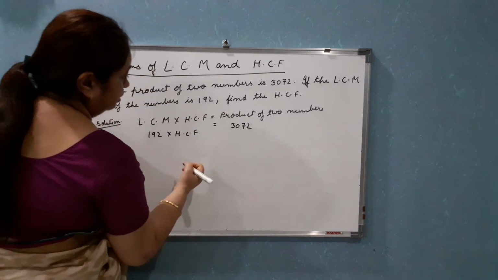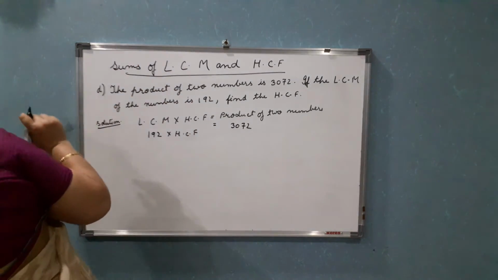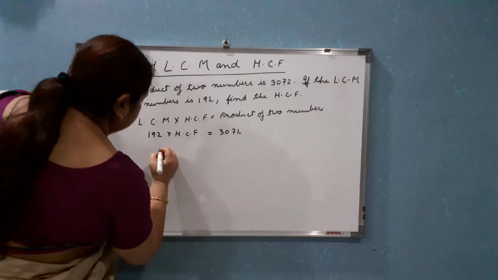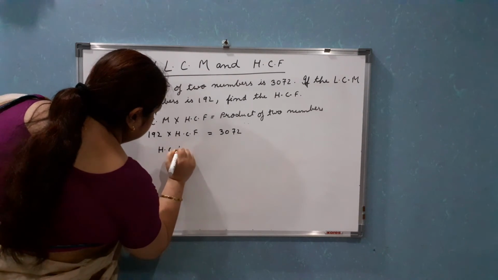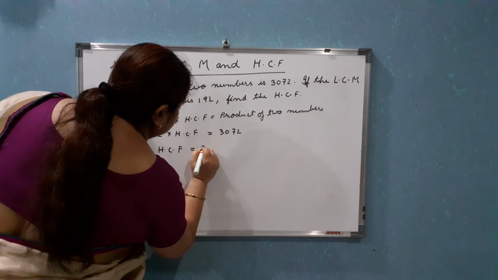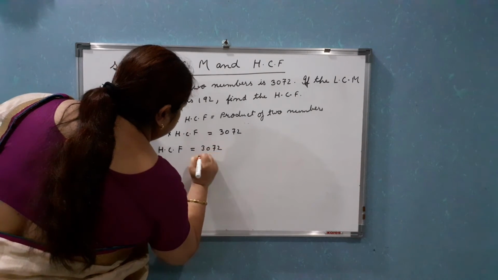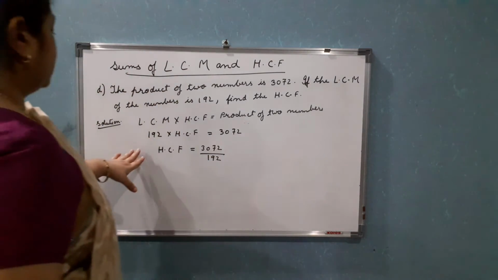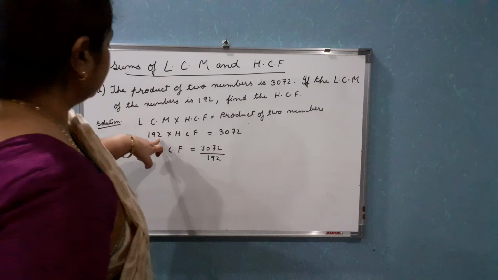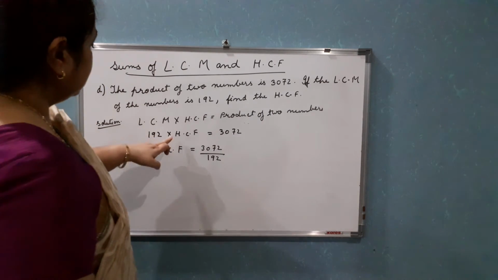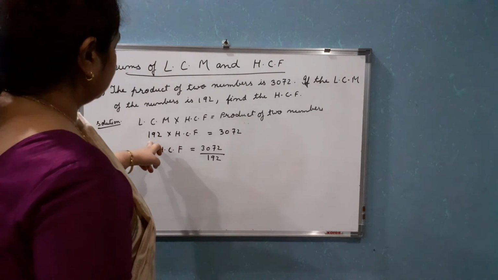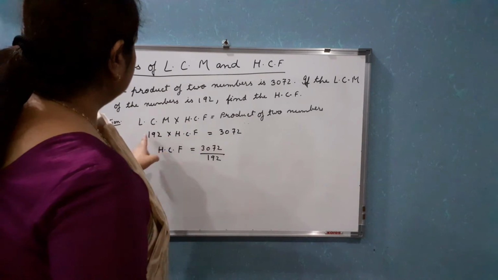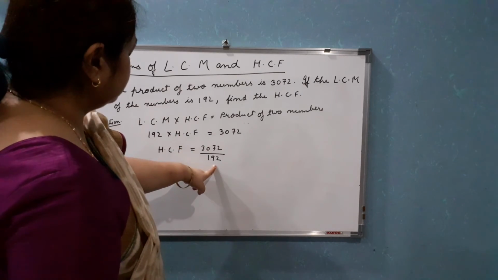So how will you find? 1 minute. 3072. So how will you find this HCF? So HCF is equal to 3072 by 192. Okay. See, I have told you, if here it is multiplication, if a multiplication number comes to the right hand side of this equal to, so multiply will turn into divide.